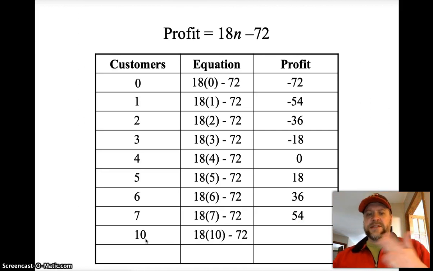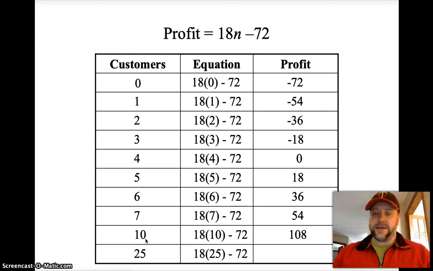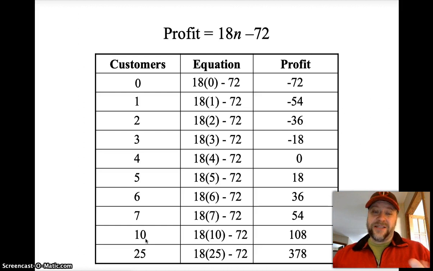Well, that would be 18 times 10, that'd be 180, minus 72, that'd be $108. What about 25 customers? 25 customers would be 18 times 25, which would be, I don't know, a big number, minus 72. Whoa, $378. That's pretty good, but she has to cut the hair of 25 people in order to get that far.